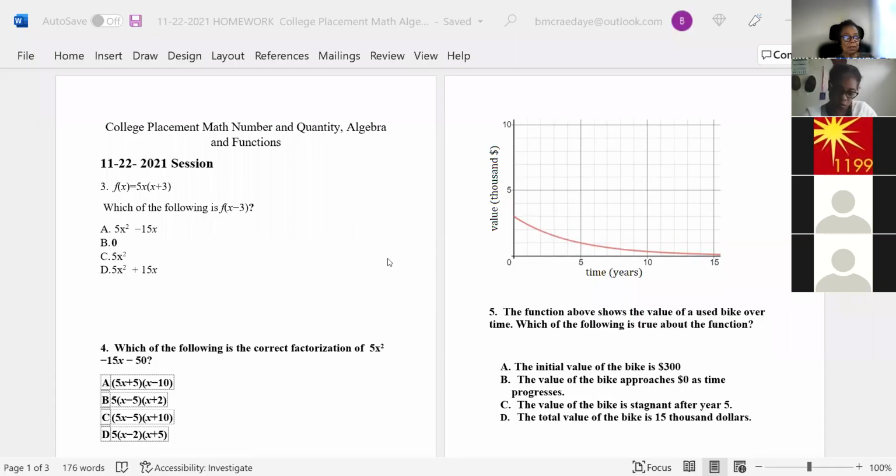Okay. Now, do you see this one? College placement, math, number, and quantity, algebra, and functions. Does everyone see that on the screen? Yeah, we can see it on the screen. Alva, you can't see the screen. You're on your phone. Can you see the screen? No, Miss Barbara, I'm just listening to you. Oh, okay. So you can't see it.